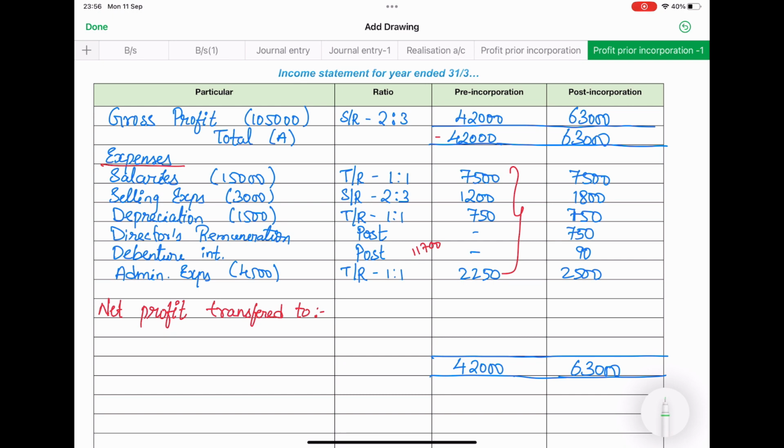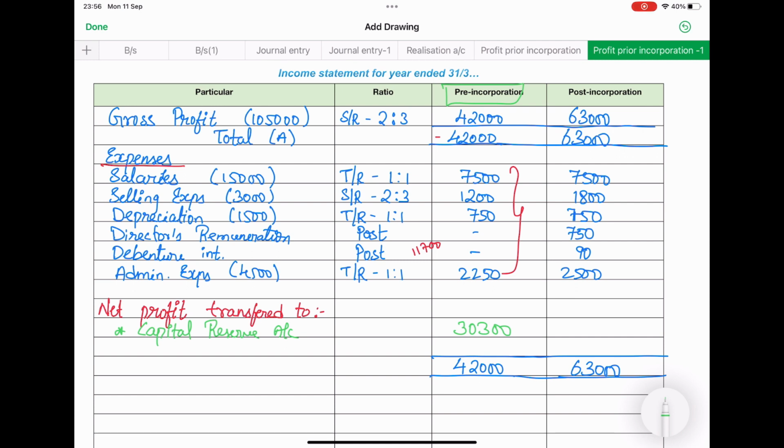So 30,300 is my net profit, but I am not going to call that a net profit. This profit will be transferred to capital reserve. As I said earlier, if you have profit, it will be transferred to capital reserve. If you have loss, obviously it will go to goodwill account.